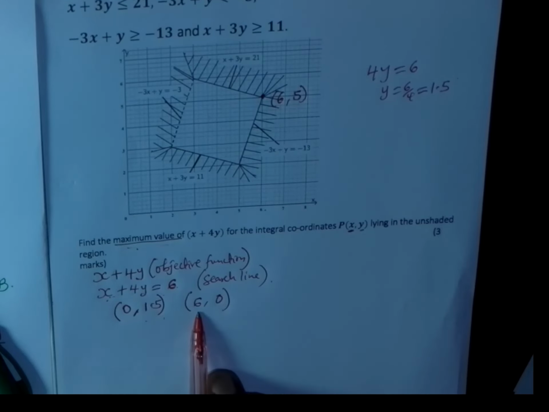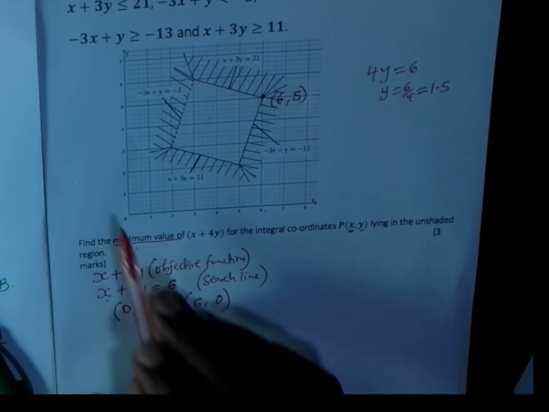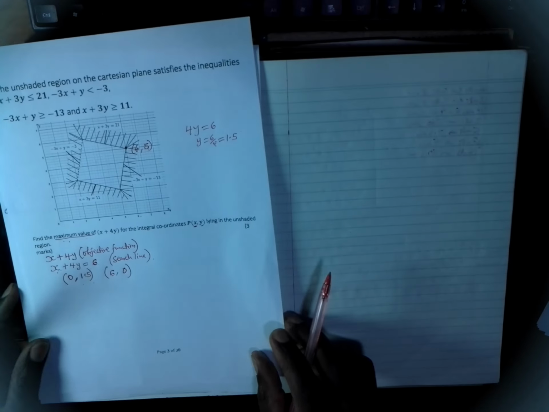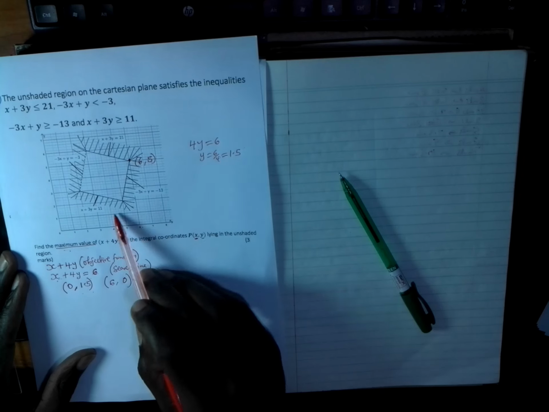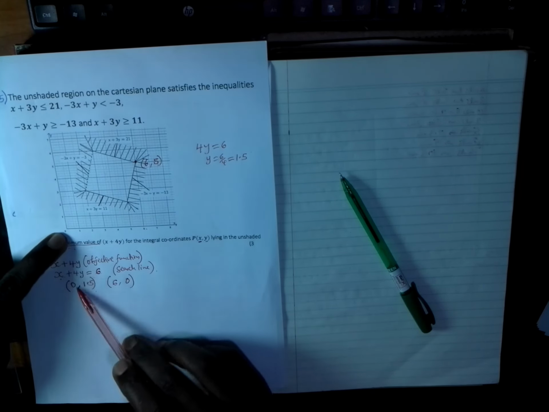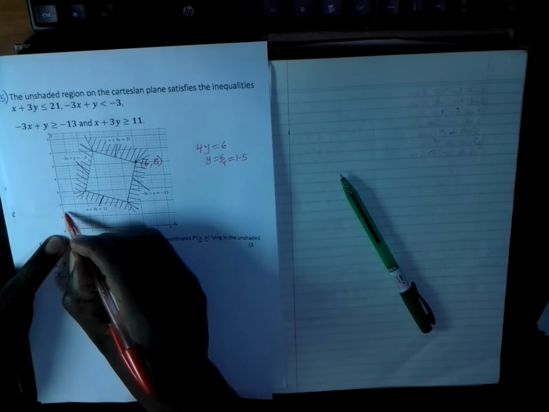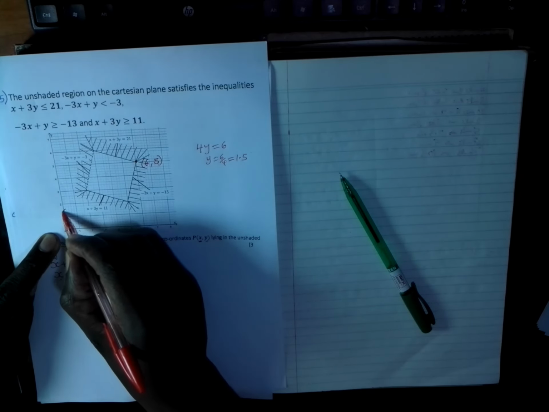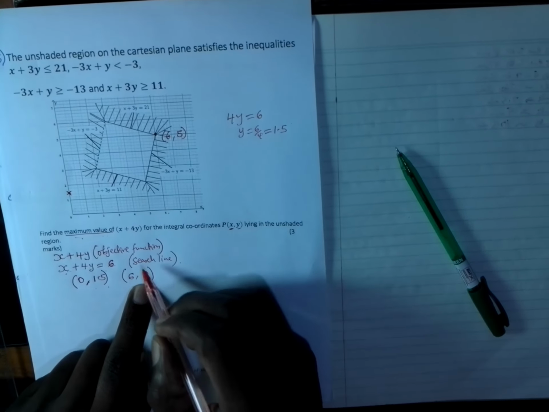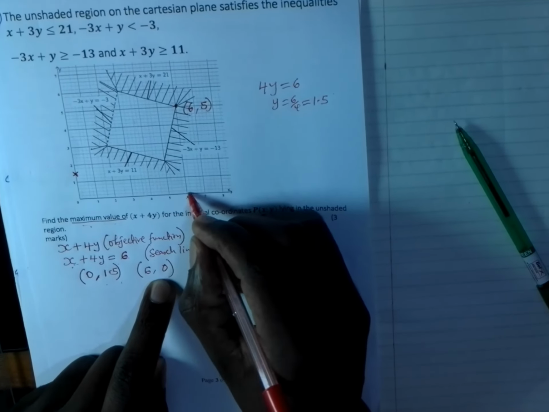So we plot these points: when x is 0, y is 1.5, and when x is 6, y is 0.